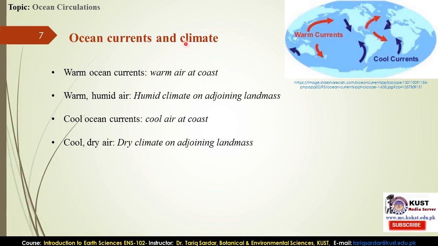So it will automatically have an effect, due to the temperature and pressure gradient, on the coastal areas and the climate of the areas near the ocean coast, and also on the subregion areas. If the warm ocean currents are there like this, the warmer air at the coast will obviously be absorbed, and the areas near the coast obviously feel that effect.